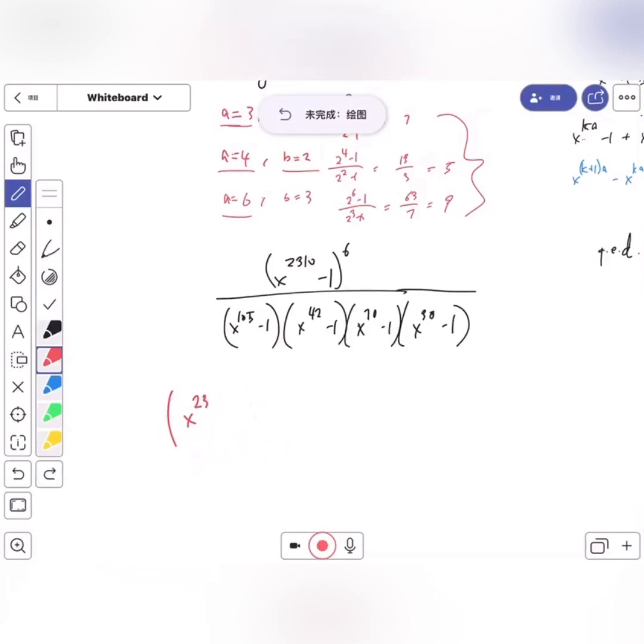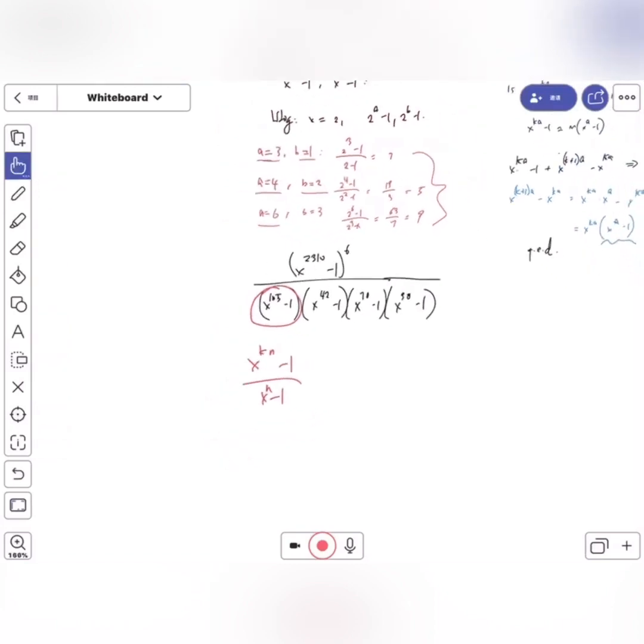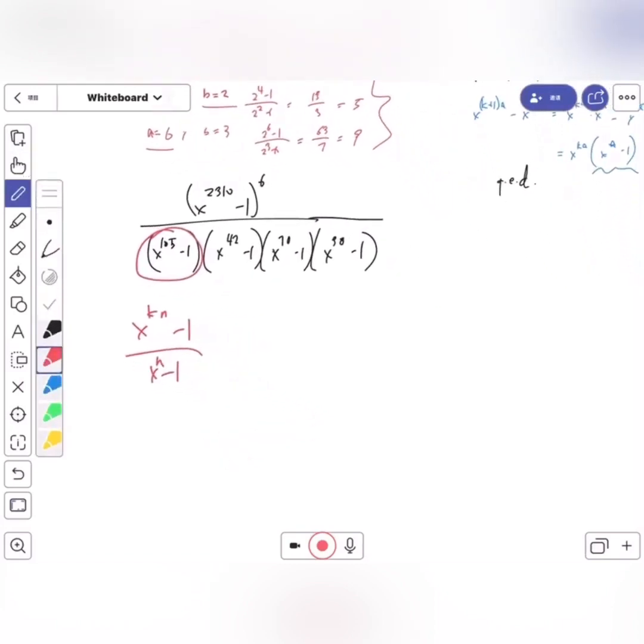Now, is there a closed form of x to the kn minus 1 over x to the n minus 1? Now, this one we have to use induction, using induction as our best friend again.